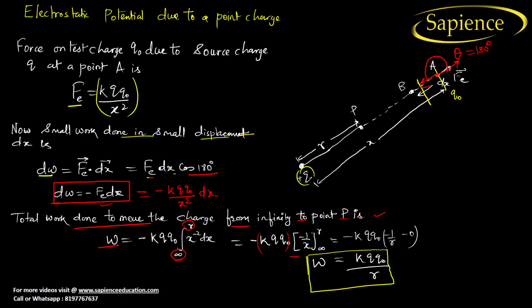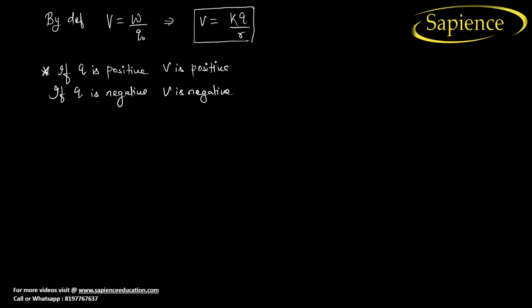And if we put the limit, finally work done is equal to KQ into Q naught by R. So this is the work done. Remember, this is only R, not R square. Most of the students get confused here. By definition, potential is equal to work done by Q naught. So potential is equal to KQ by R. Why?